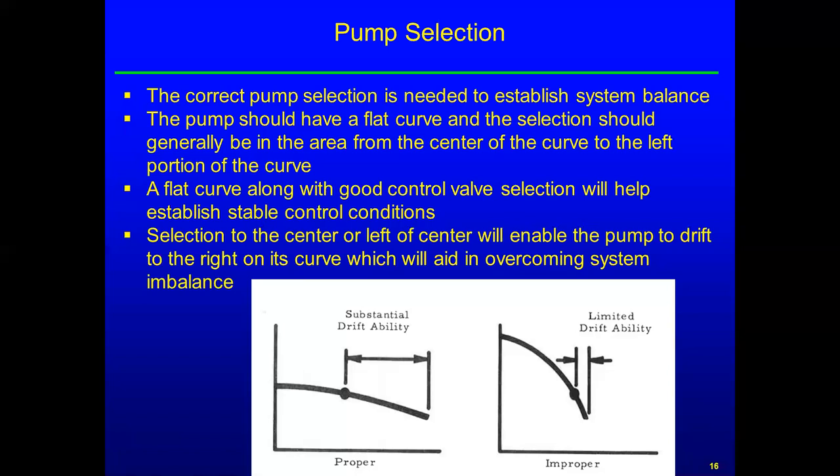Falling off the end of the pump curve is an area of unstable operation that can damage the pump. So we have to be real careful that we have what they call driftability out to the right, which is at lower heads and higher flows. And so on the improperly selected curve, the point is very much over to the right-hand side with limited driftability.